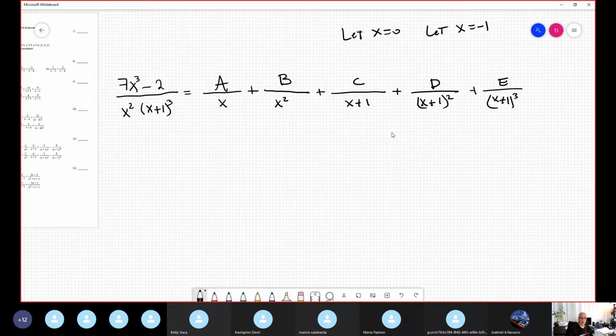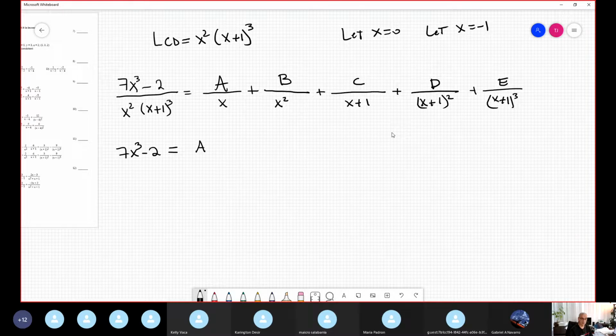Suppose 0. What is the least common denominator? The least common denominator is x squared, x plus 1 cubed. Remember, you take the majority of factors. When you multiply this, you have 7x cubed minus 2 equal.